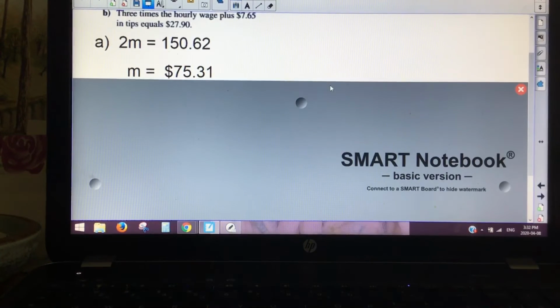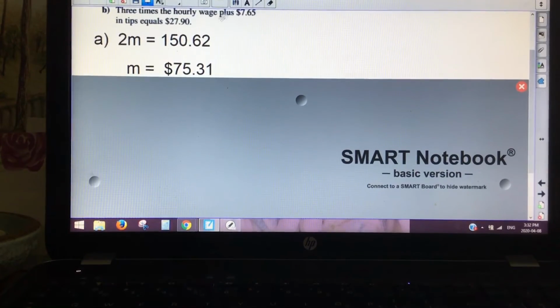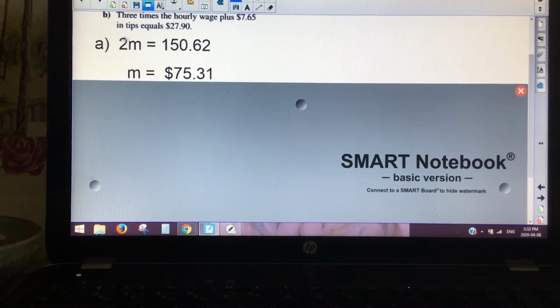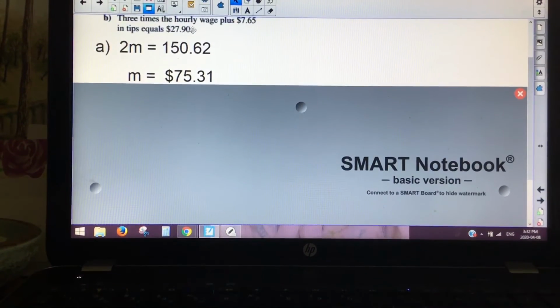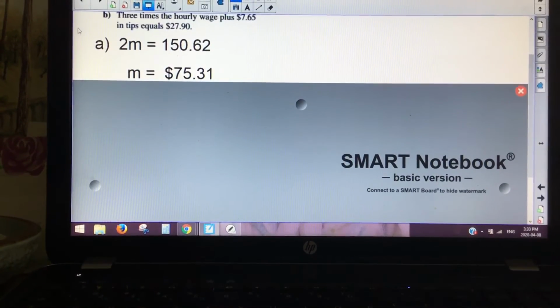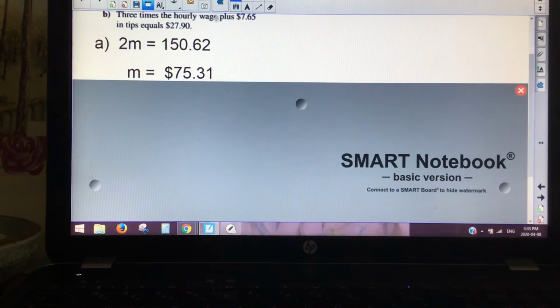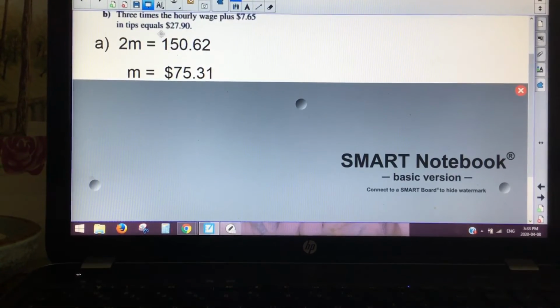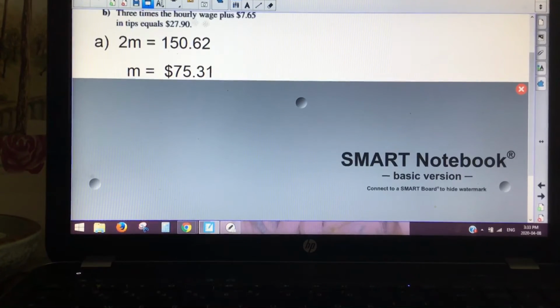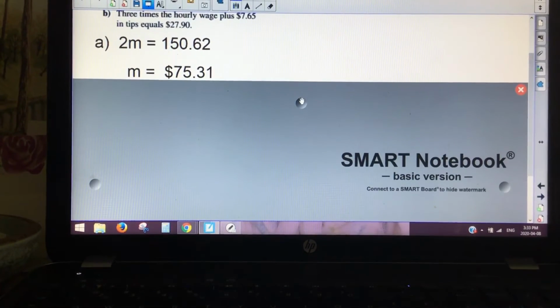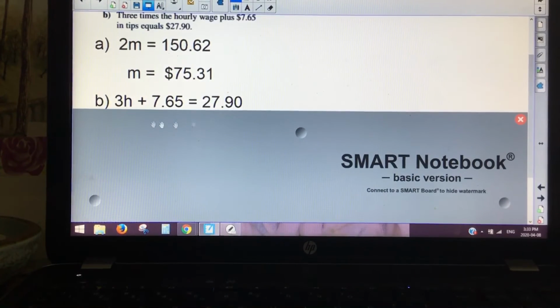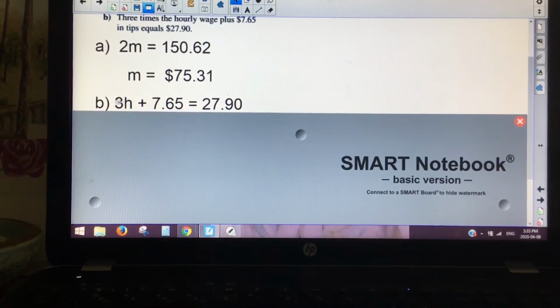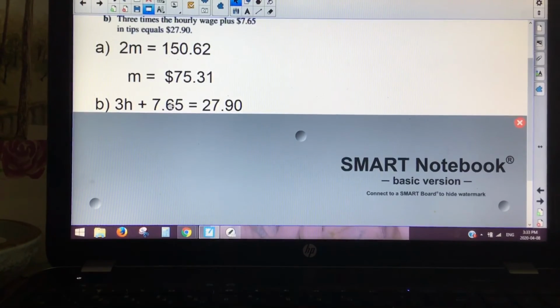Okay, let's read B. 3 times the hourly wage plus $6.75 in tips equals $27.90. You have to read this a couple of times to kind of get it. 3 times the hourly wage, that's what we don't know. Plus my $6.75 in tips gives me this total. So I'm going to use the letter H for hourly wage. 3 times my hourly wage, so 3H, plus my $6.75 in tips, gives me my $27.90.